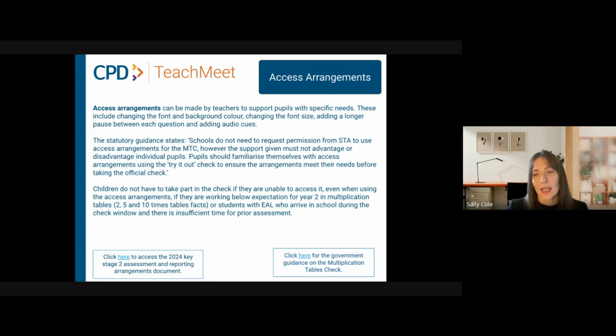And that's the same if you have children that are not going to take part in the check. So children who are not going to take part in the check are those children that are not accessing times tables. They cannot access the 2, 5s and 10 times table facts. They're working at a level which isn't at that requirement yet.